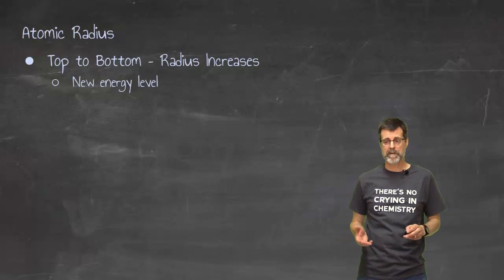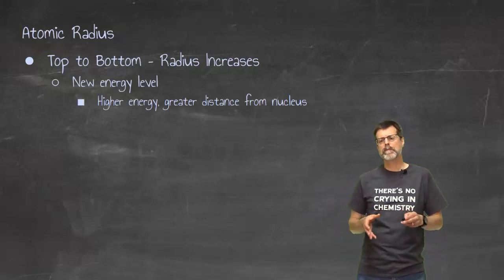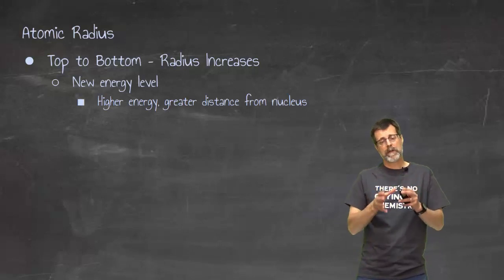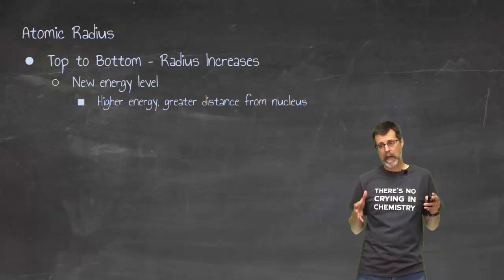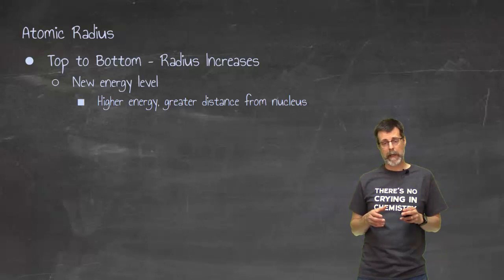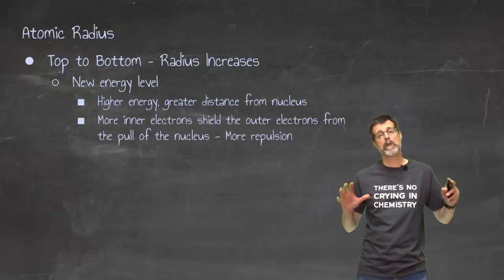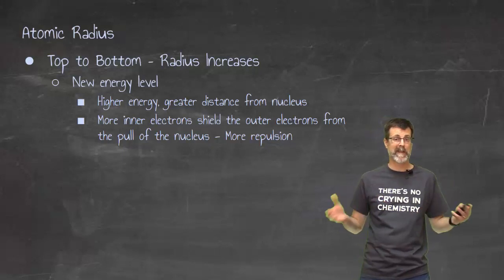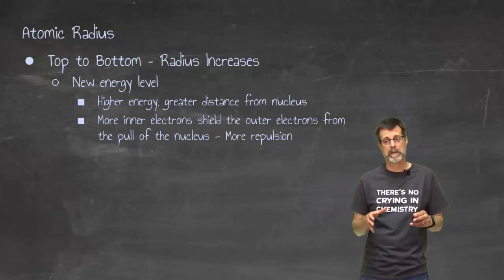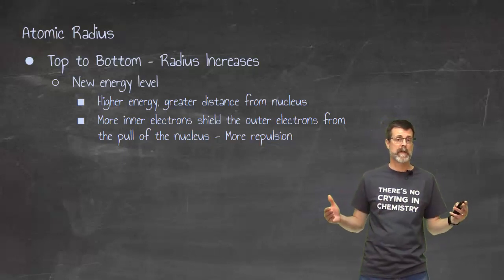Now the main reason for that is we've added a new energy level, but it's got to be more than that. As I add a new energy level that has a higher energy or greater distance away from the nucleus, but also now I've got more what used to be the valence electrons are now core electrons doing the shielding. So more inner electrons shield the outer electrons from that attractive force.